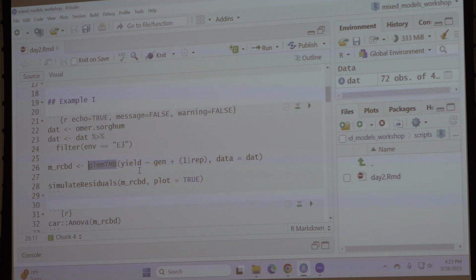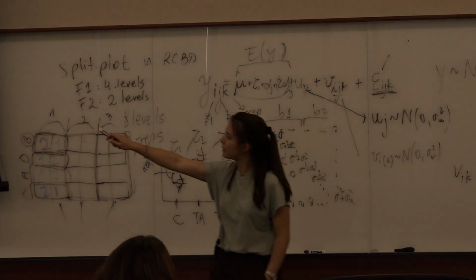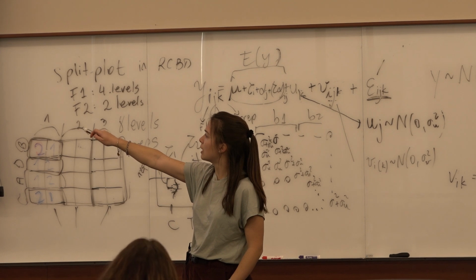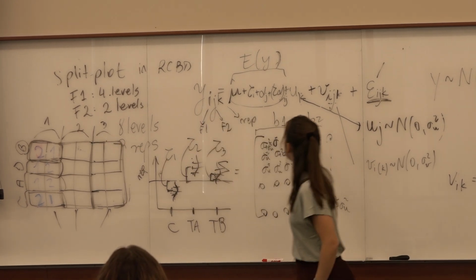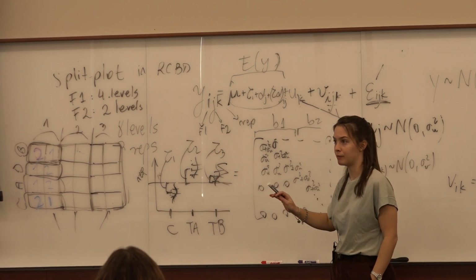So what we do, remember for the RCBD, we have an overall mean, a treatment effect, that is the genotype, and then the random effect for rep, and nothing else, right?